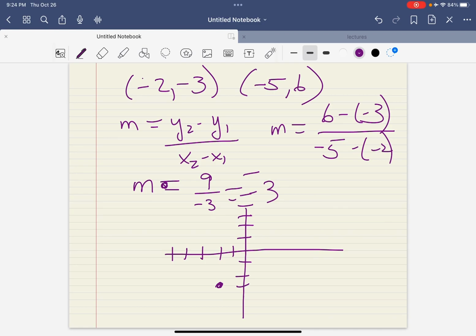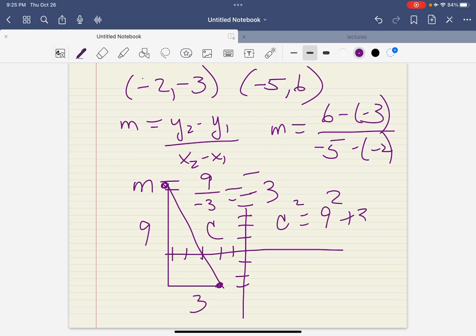Okay, so if we draw the triangle, comes down like that and across, this would be 3, and this would be 9, and then the distance is c, so c squared is equal to 9 squared plus 3 squared, 81 plus 9.